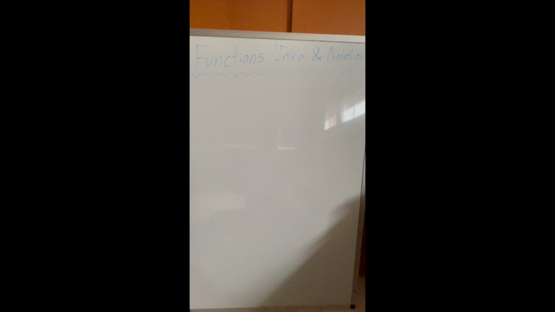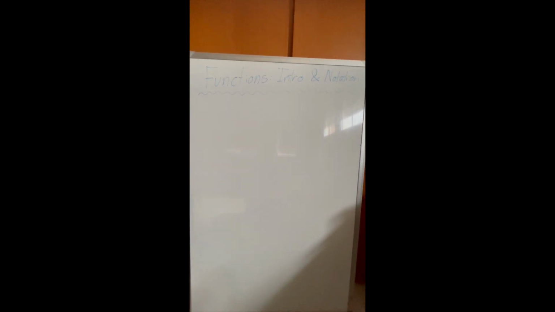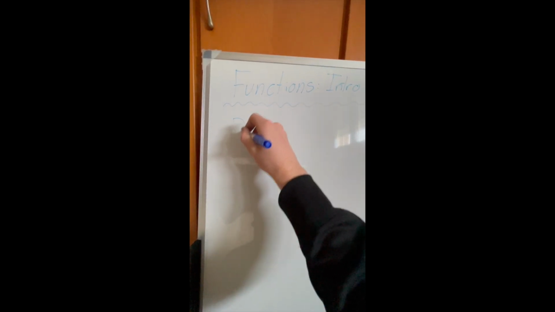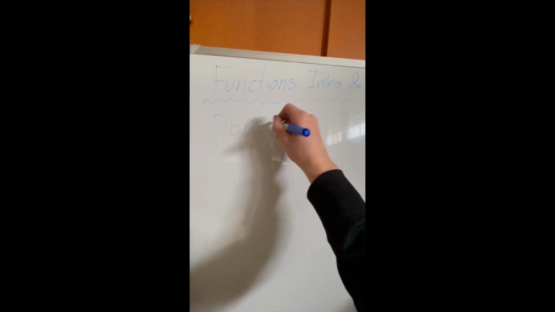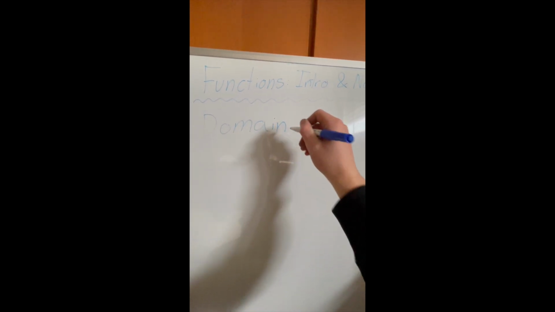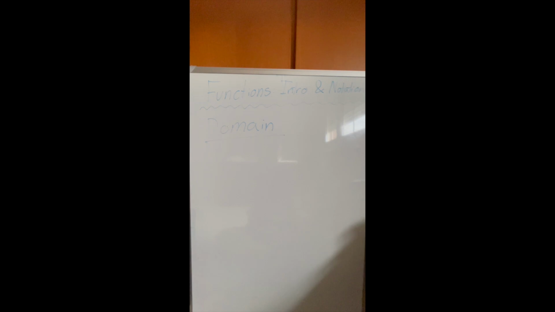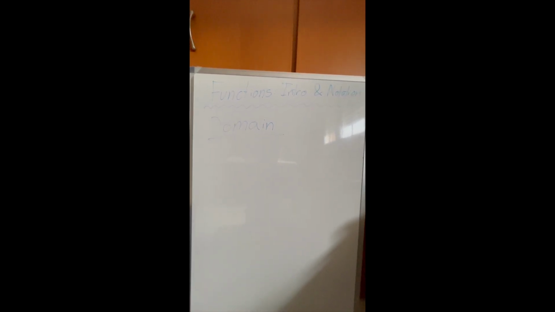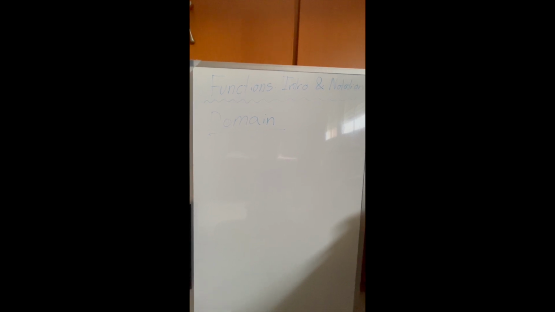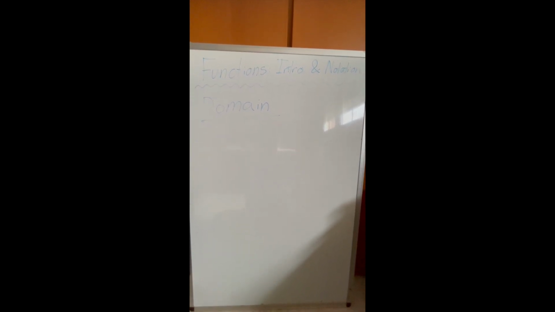Now let's focus on characteristics of functions. One of these characteristics is its domain. The domain of a function is the set of all possible input values, all the possible values for x.